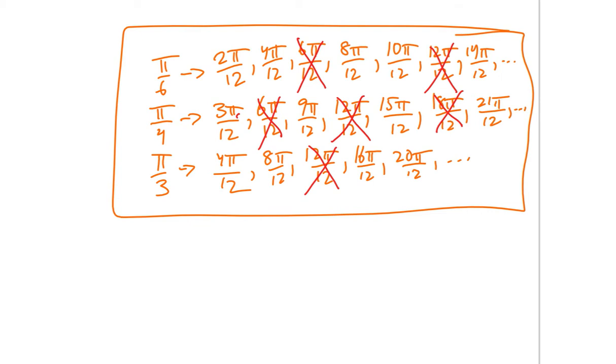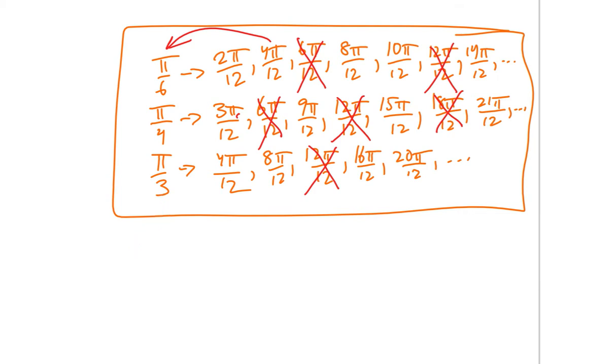It has to be fully simplified. And when I fully simplify, even though 4 pi by 12 is a multiple of pi by 6, it's actually pi by 3. I wouldn't simplify it to 2 pi by 6 and use that in a question. I would simplify it to pi by 3.